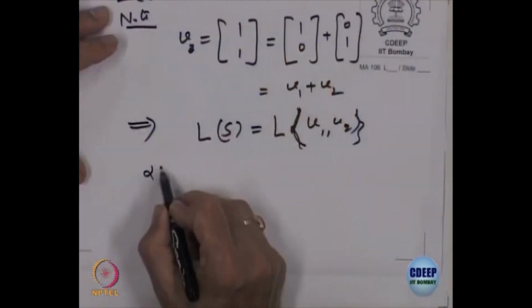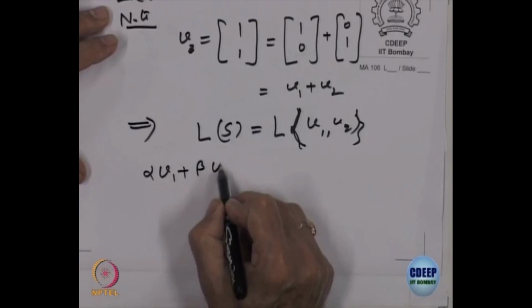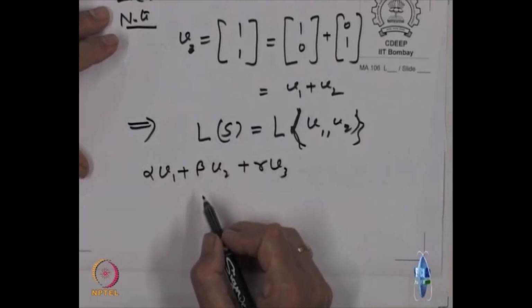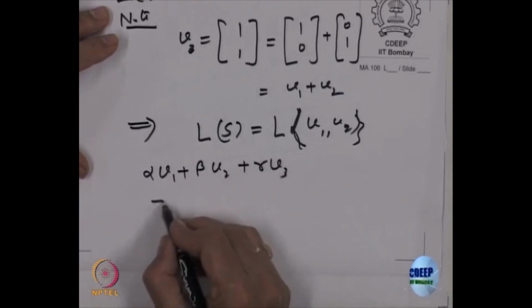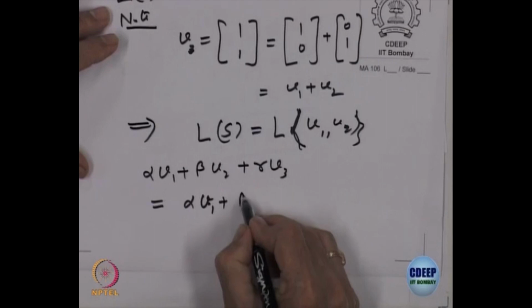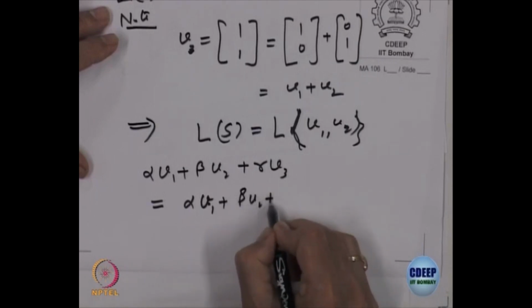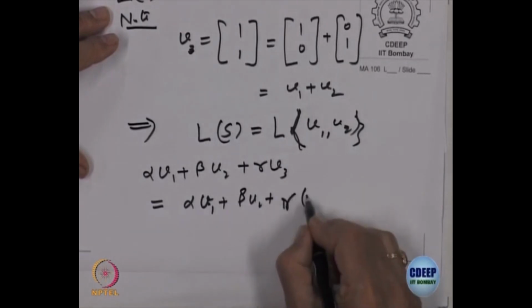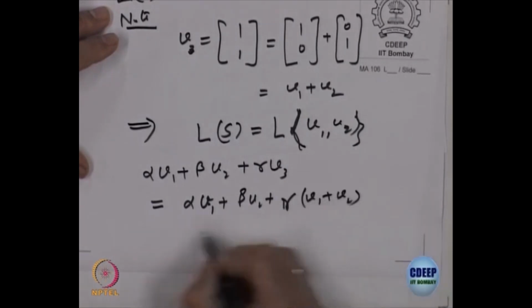Let me expand a bit more. So, let us look at alpha V1 plus beta V2 plus gamma V3, that is an element of L of S, right. So, what is that equal to? It is alpha V1 plus beta V2 plus, what is V3? It is V1 plus V2. So, it is gamma times (V1 plus V2). So, what is that equal to?